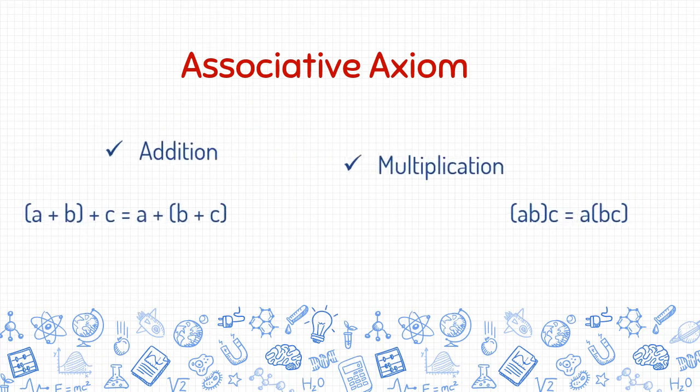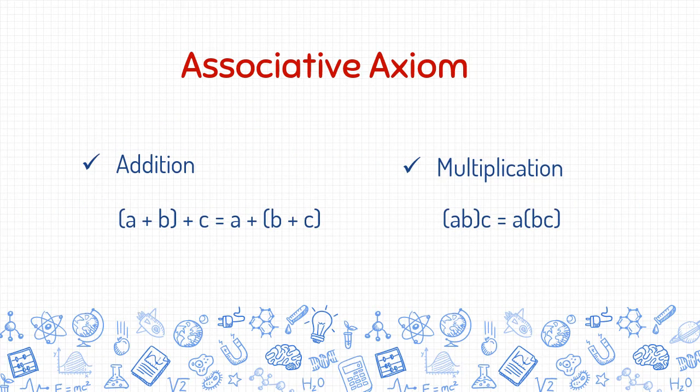Here we have three terms, which are A, B, C. In addition, the sum of A plus B, plus C is equal to A plus the sum of B and C. In multiplication, the product of A and B multiplied by C is equal to A multiplied by the product of B and C.